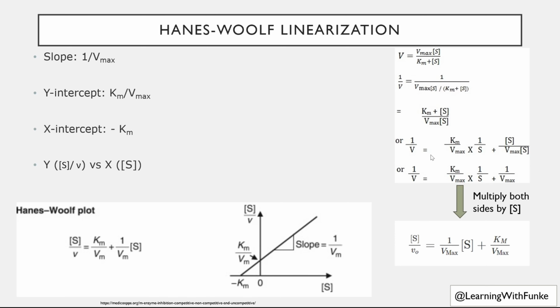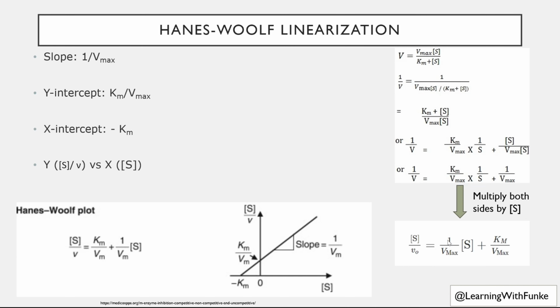But here we have a step where after we get to this point, we multiply through by s. So we end up having s over v equals 1 over Vmax times s plus Km over Vmax, where Km over Vmax is your y-intercept, you're plotting s over v versus s, and your slope is 1 over Vmax. So let's do another short trivia. In a scenario where 1 over your Vmax is the same, what scenario is that? You have Vmax the same for competitive, right?